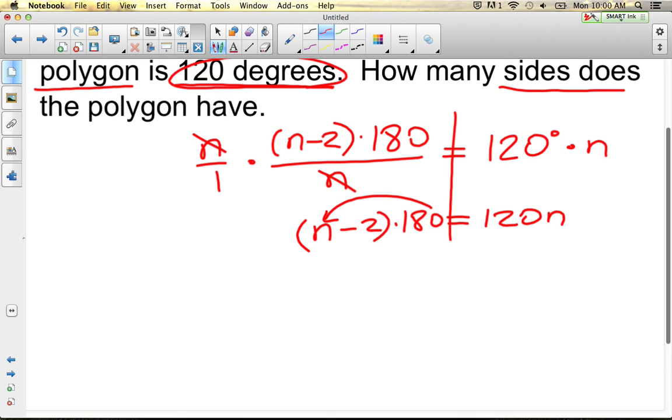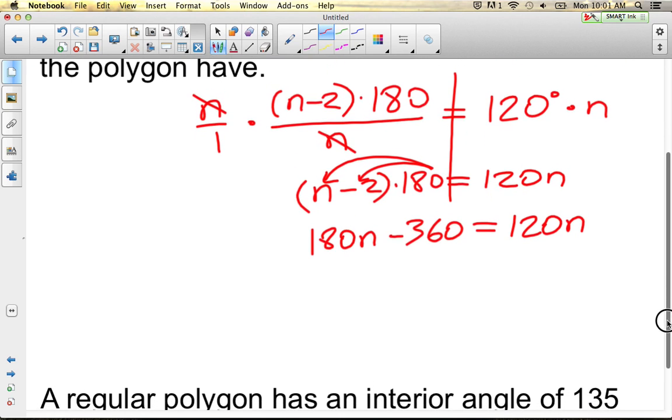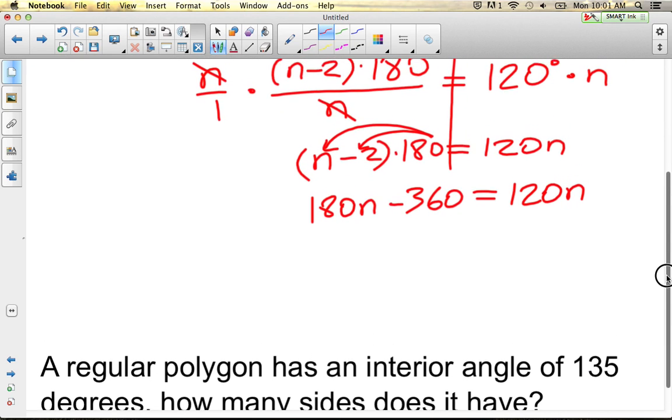180 times n, well that's just 180n. 180 times a negative 2, well that's just minus 360. Let's get all our variables on one side.